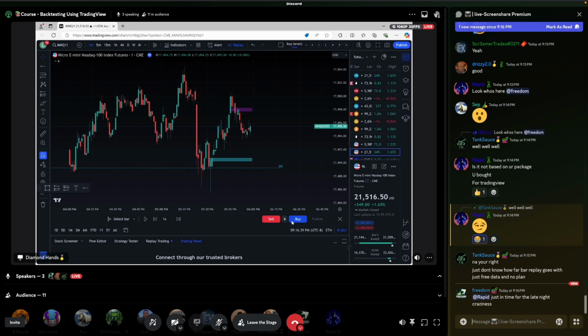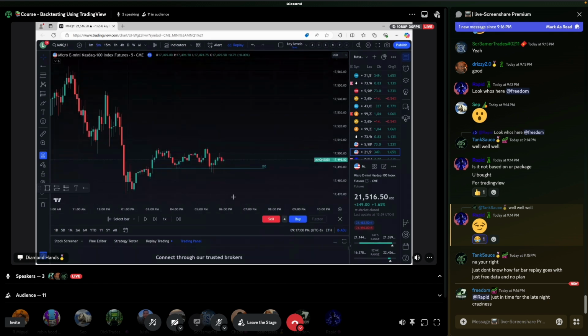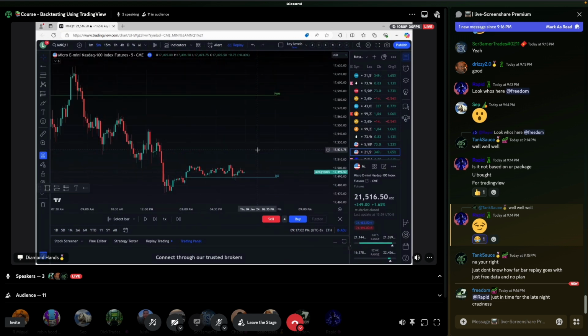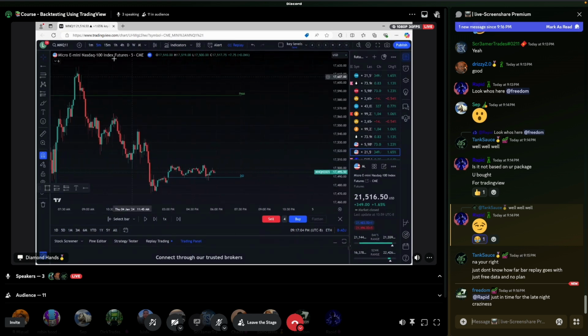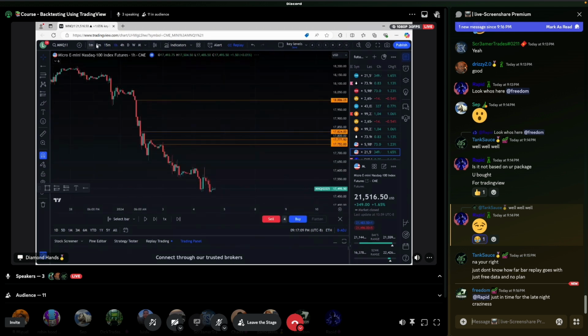So basically if I want to increase the speed, you use this tool called replay speed right here in your toolbar. And then we have these speeds right here, from 0.1 all the way to 10x. For me, I'm going to trade on the 5 minute, because that's usually what I trade on, but you can go on 15, like I said, 1 hour, and so forth.